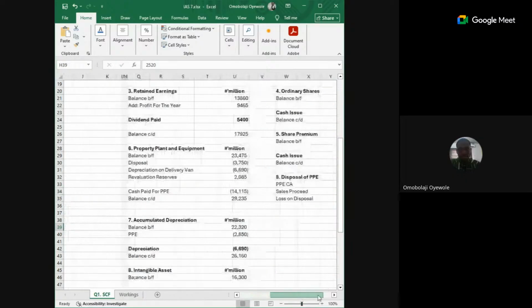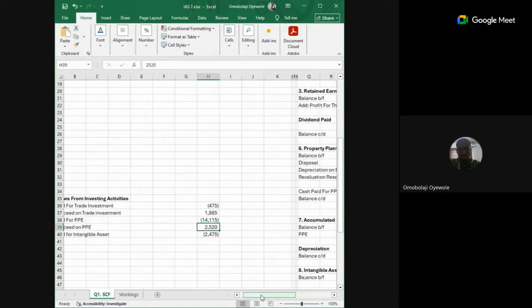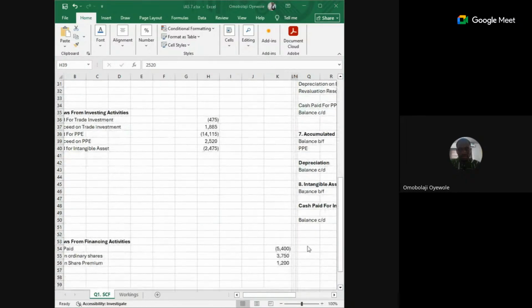Do you get that correction now? So 14,115. We have included our revaluation reserves in it, right? Okay.